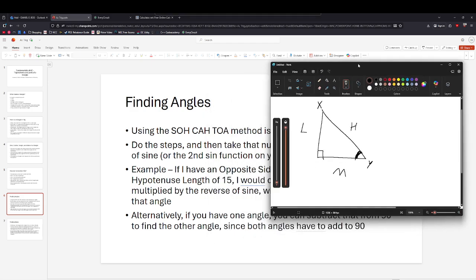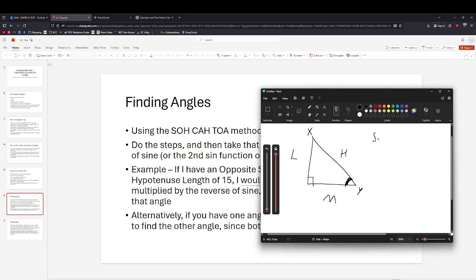If we're trying to find our sine, that's SOH. You could find it by doing the opposite over the hypotenuse, but the way that it's done is you find your opposite, which again, it cuts through the opposite, and you throw that over your hypotenuse.